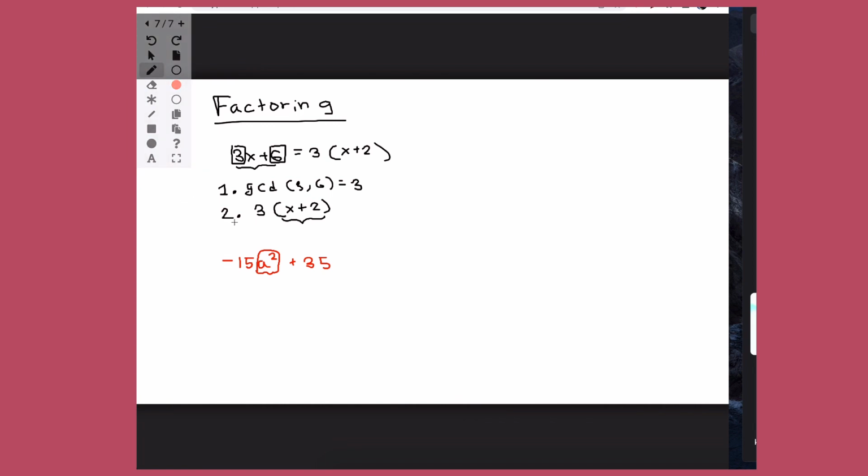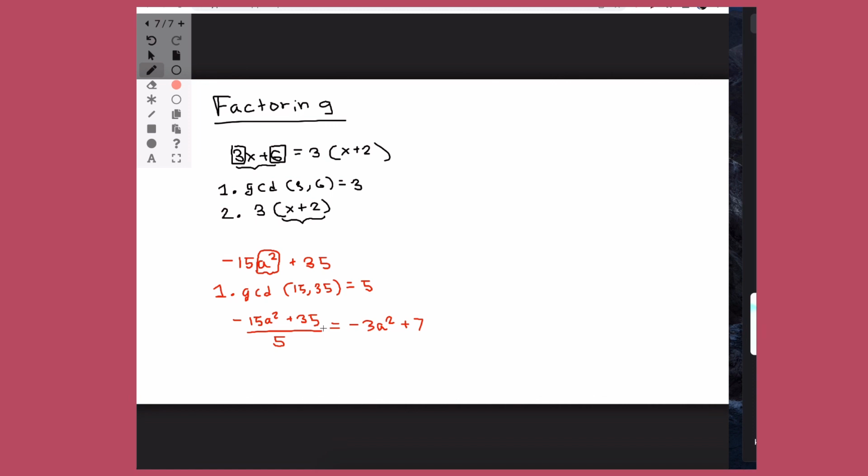Yeah, so all of you guys got it. So first thing, we'll pull out the GCD. The GCD of 15 and 35 is equal to 5. And then we divide this whole thing by our GCD. Over 5 is equal to minus 3a squared plus 7.